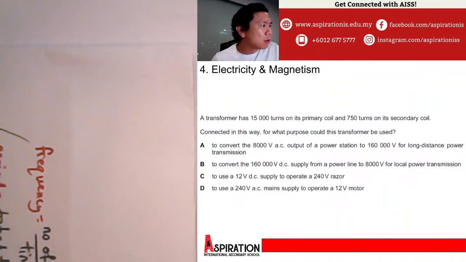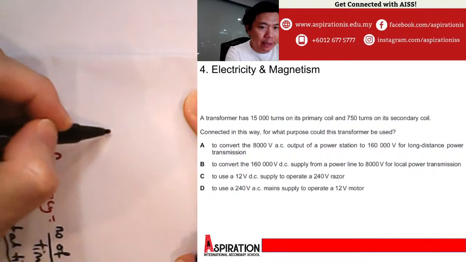The word to look out for when dealing with transformer type questions is whether it is using AC or DC. A transformer, if you did not know, now is the time that you know, cannot work with DC. Transformers cannot work with DC.